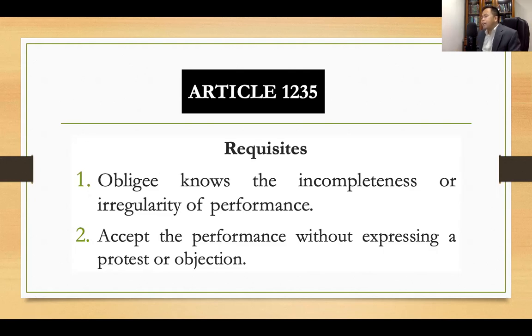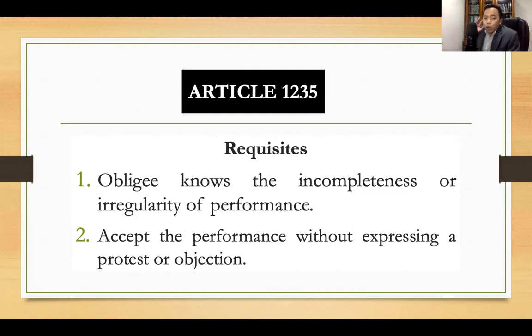Otherwise, if the obligee is unaware of the incompleteness or irregularity, then Article 1235 will not apply. For example, class, if the defect of the performance is hidden in nature, meaning it is not obvious to the eye of the obligee, then you do not apply Article 1235.